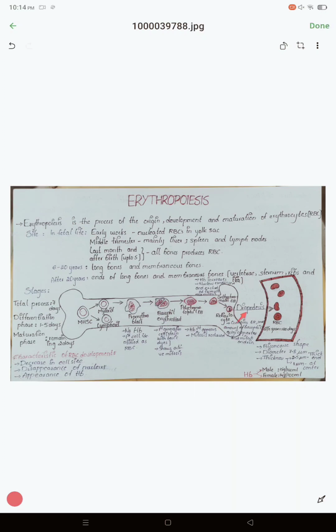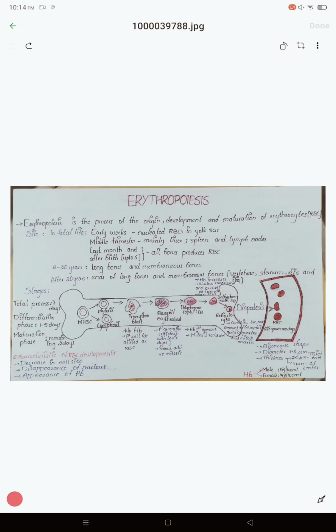This process is known as diapedesis. It is an important term, diapedesis. After reaching the bloodstream, it starts to mature and forms mature RBC, erythrocyte, within 2 days. So this phase is named the maturation phase.